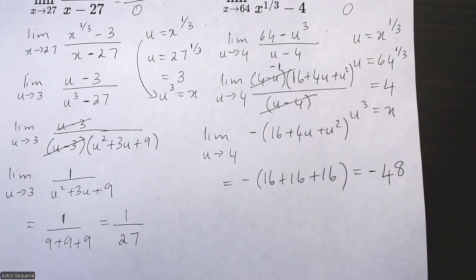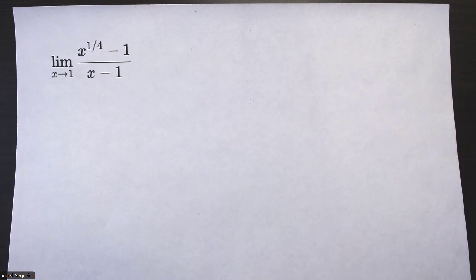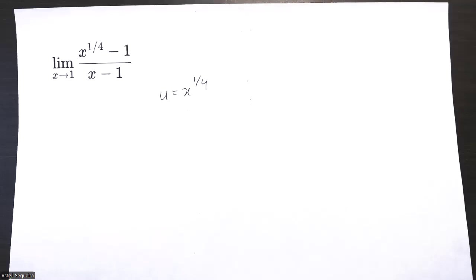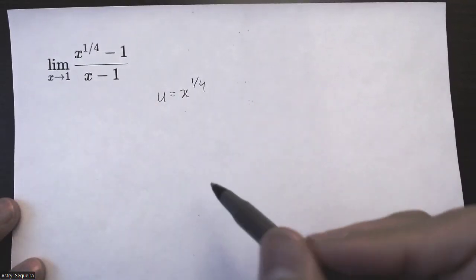And let's go to the third and final question of this video. Okay, and similar idea over here. First step, I'm just going to go u equals x to the power of 1 over 4. And then I'm going to sub in my limit of x, which is 1 over here.